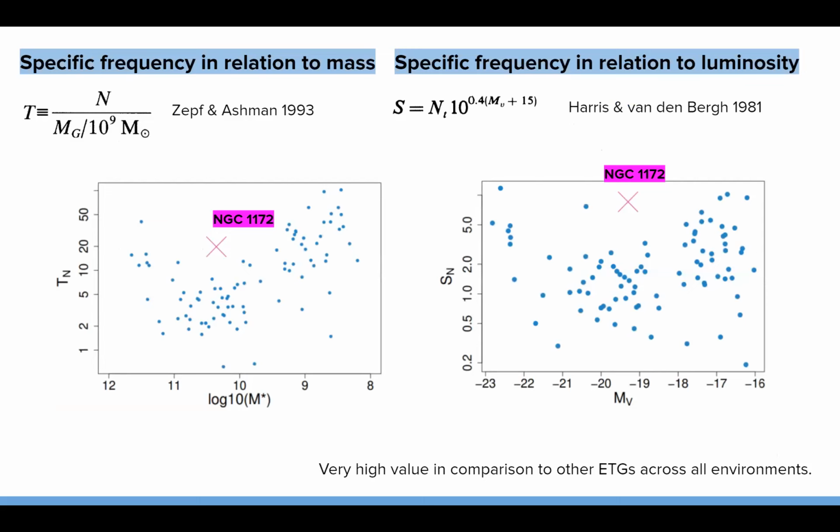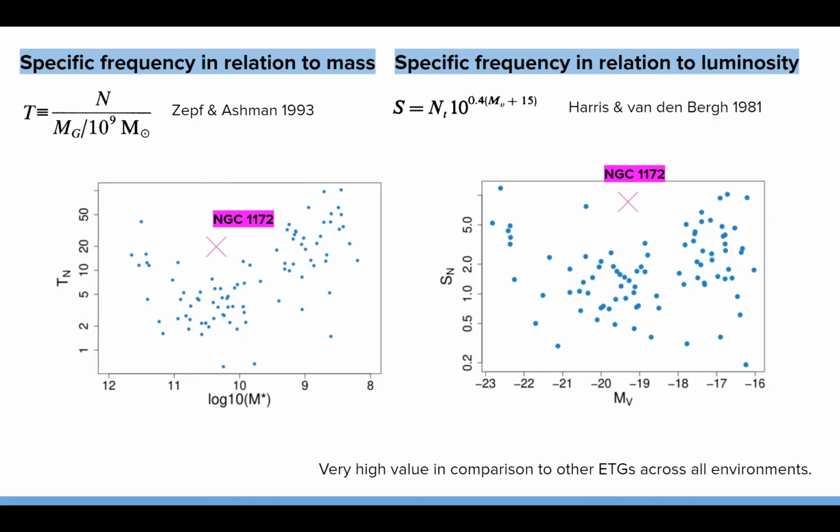The distribution of specific frequency, in whichever format you want to look at it, when you compare it to stellar mass or magnitude, tends to be U-shaped. These are all early type galaxies from a catalog by Harris and collaborators. It tends to be very U-shaped, and it has a very universally agreed on minimum for the specific frequency at a mass that corresponds to the mass of this galaxy.